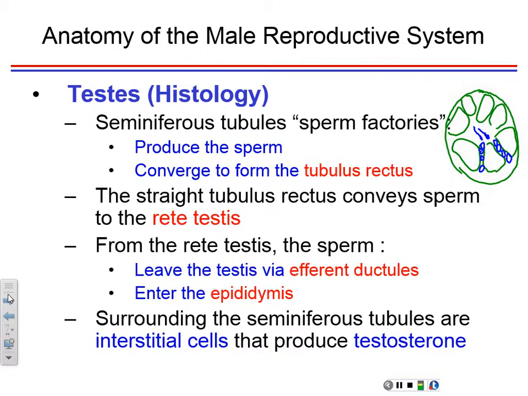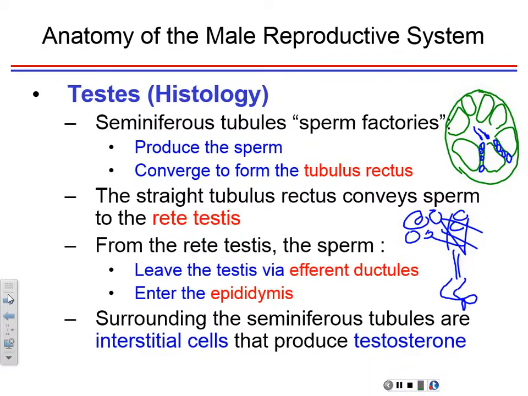And then there's a part that looks like a net, called the rete testis, like a net. So it kind of looks almost like this, and I'll show you a nice picture. So you have the tubulus rectus and the seminiferous tubules in the lobules.